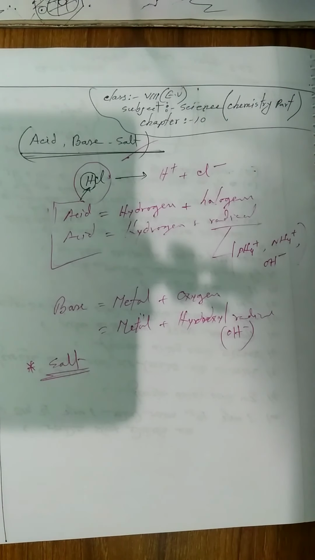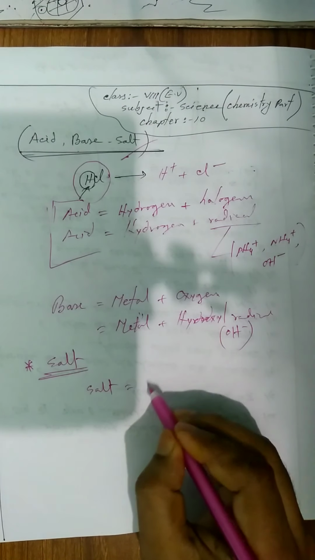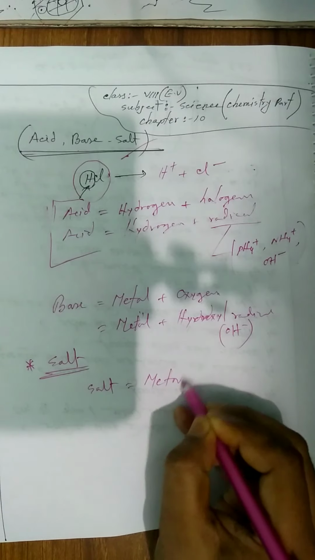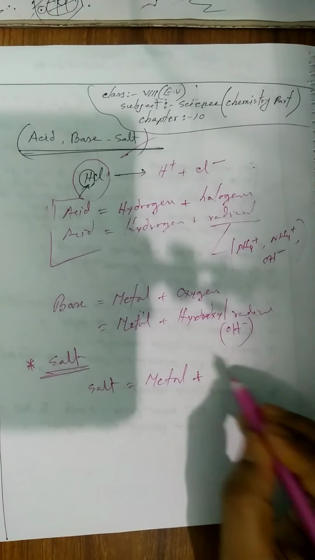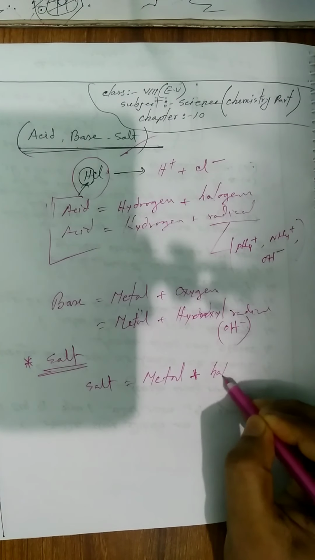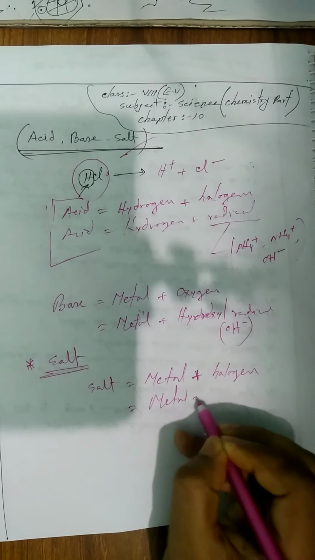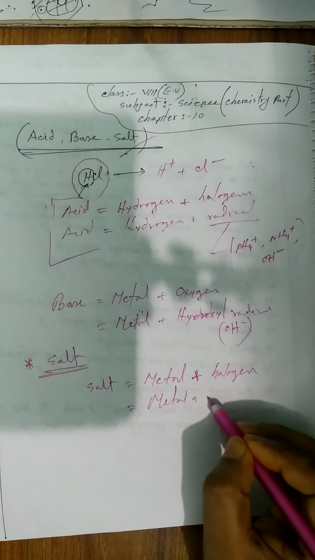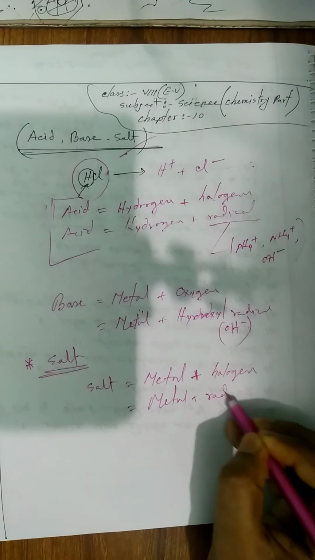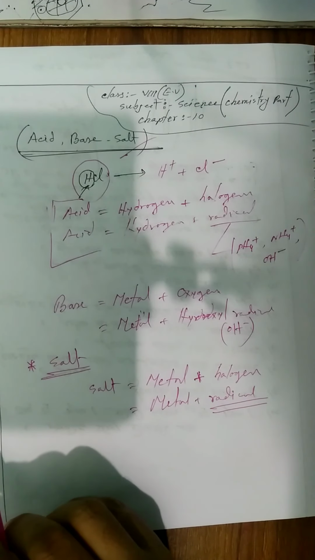The compound of metal and halogen or acid radical is called salt. That means the general formula of salt is metal plus halogen or metal plus radical. This radical is acid radical.